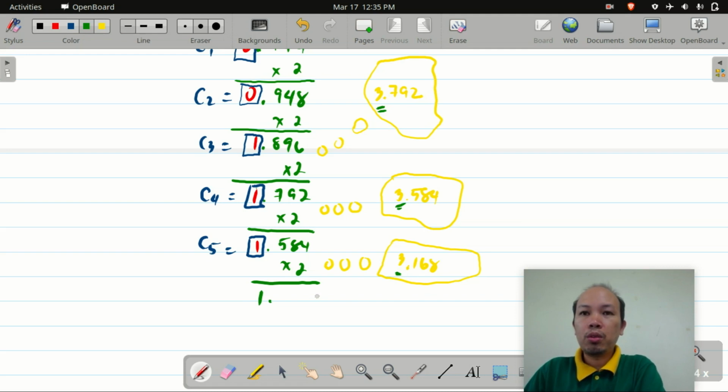All those odd numbers are replaced by 1, and all those even are replaced by 0 in binary. Here we have C sub 6.